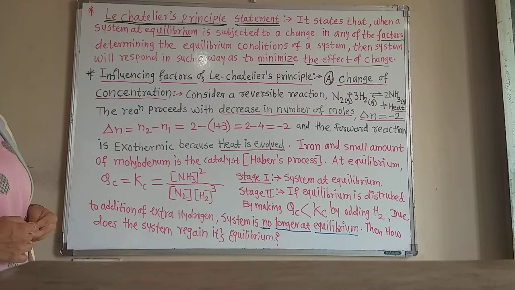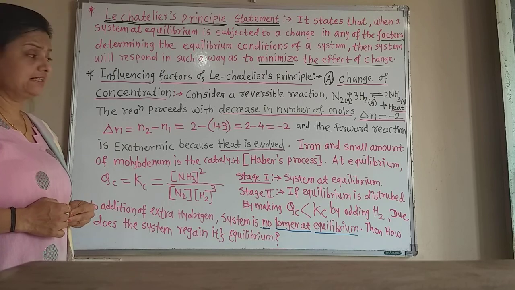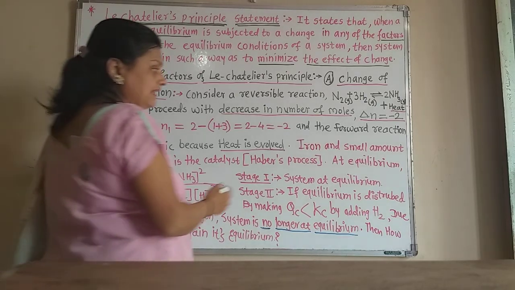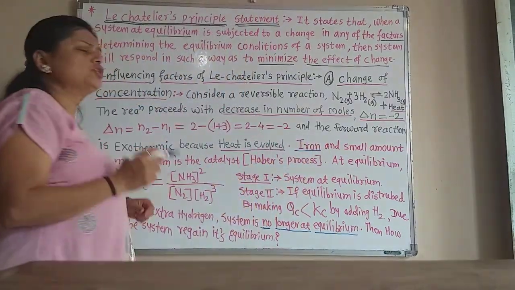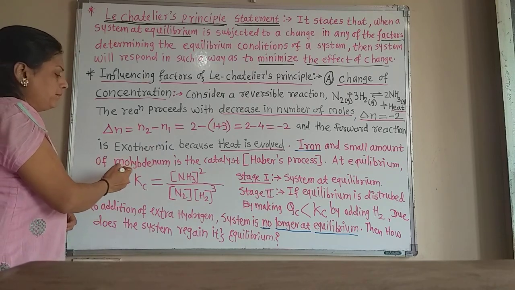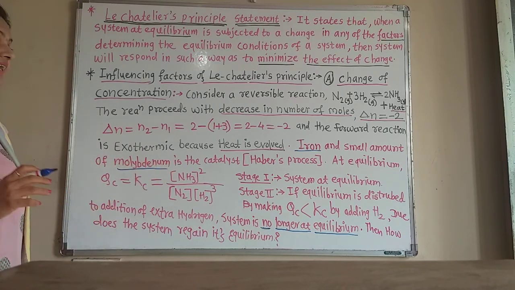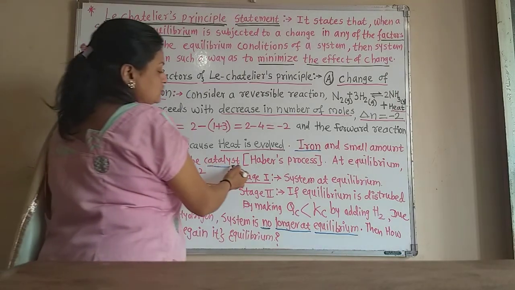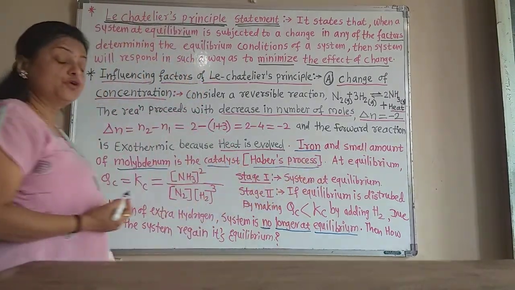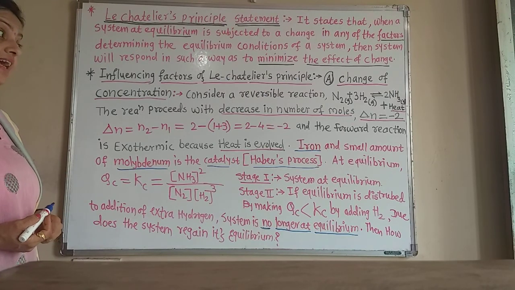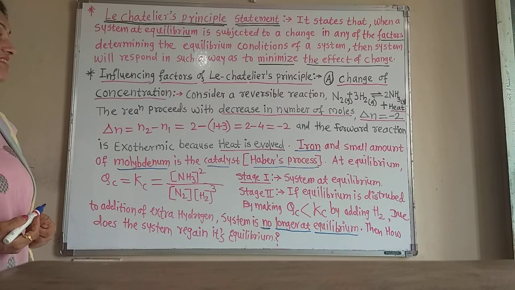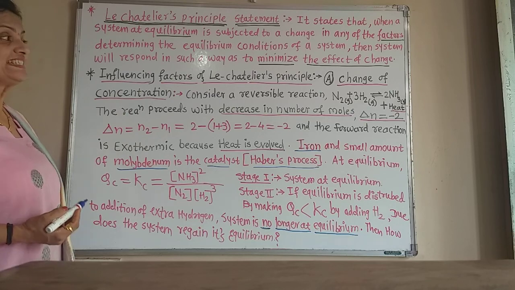And for this reaction, iron, that is the main catalyst, is required, and a small amount of molybdenum metal is also required, but the main catalyst is the iron. The formation of ammonia using the iron catalyst requires an optimum temperature of 700 degree centigrade.